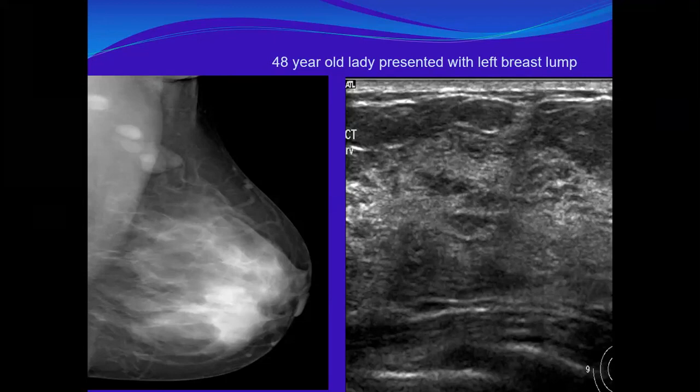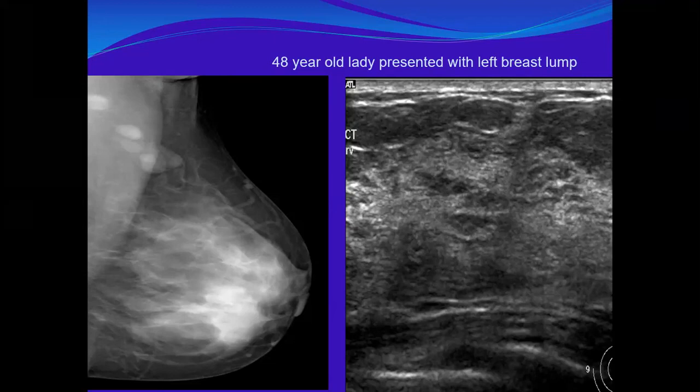Because the patient has a palpable abnormality, we have to go further with ultrasound, even if it is seen in a single view. With a palpable abnormality at the corresponding location, you have to consider it.